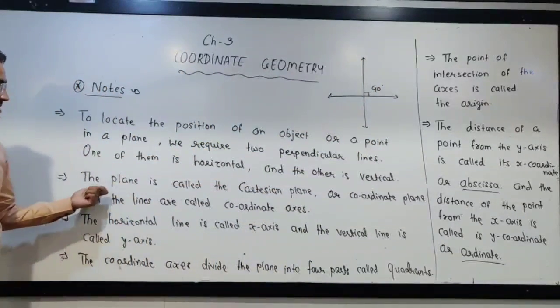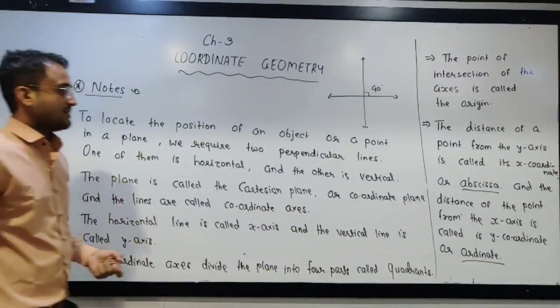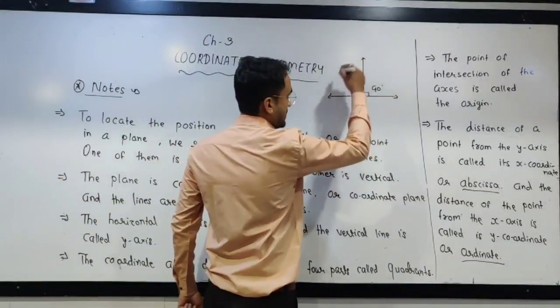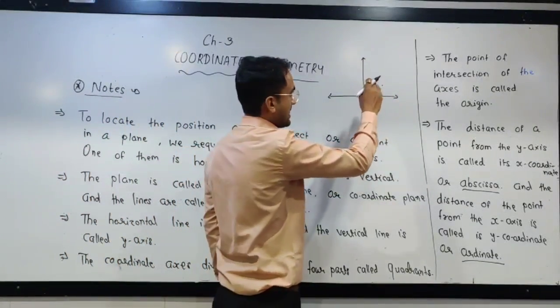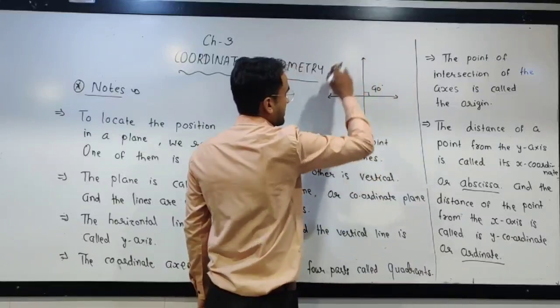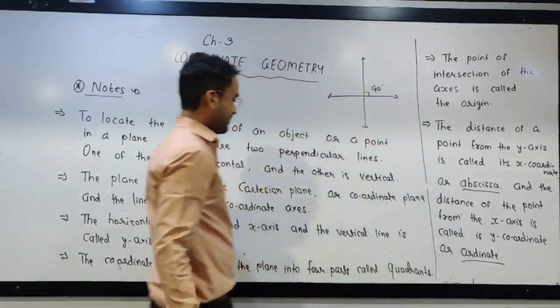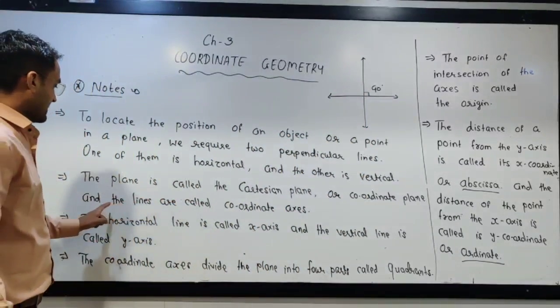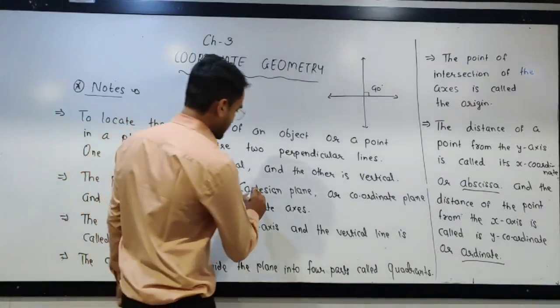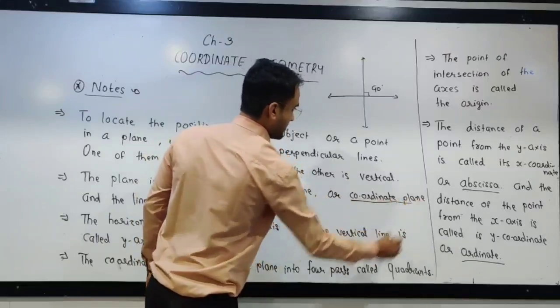Right? Now the plane is called the Cartesian plane. By using these two perpendicular lines, we get one plane. This plane is called the Cartesian plane, right? Or coordinate plane. Another name for the Cartesian plane is coordinate plane.